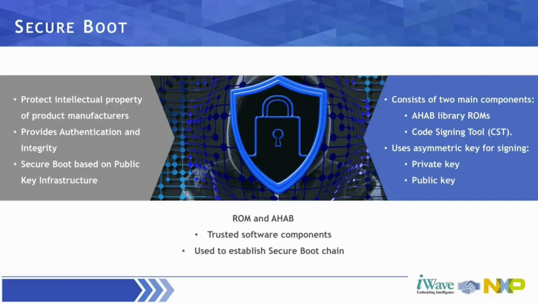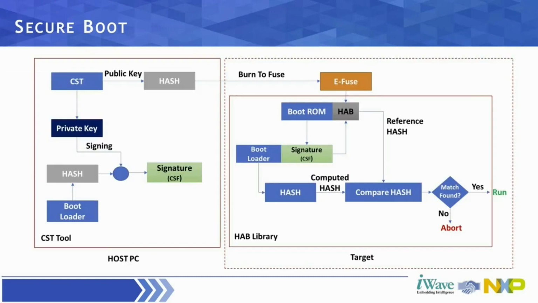Now going a bit deeper into the process of how we sign your firmware. The host PC includes the CST tool. The CST package includes public key and private key generation scripts under a keys directory, using which the hash of the image is computed and encrypted using the private key, which provides the signature.